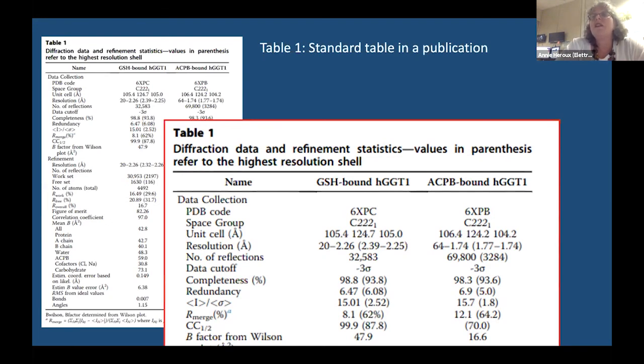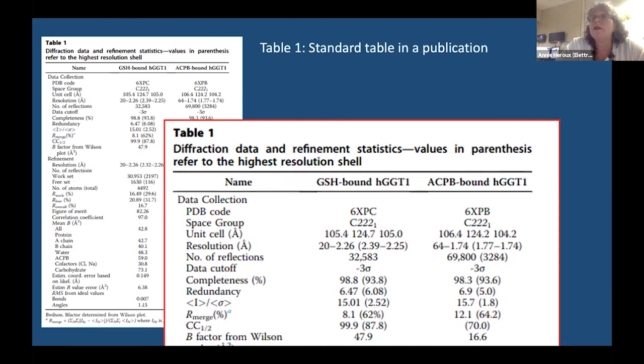MX is very mature, so all of the models to be published need to be deposited in the PDB databank. And even if you don't do crystallography at a synchrotron, being able to navigate that database, you would get so much information.